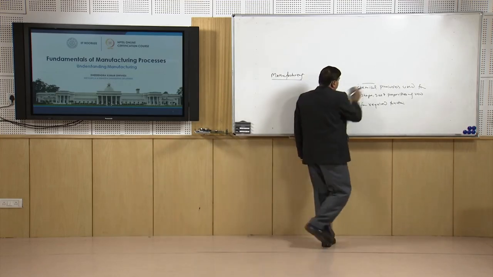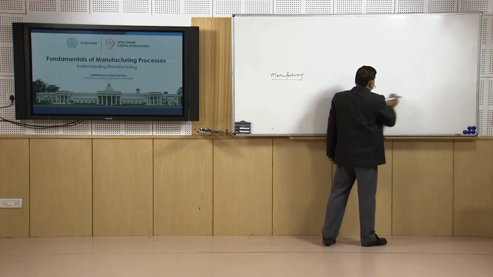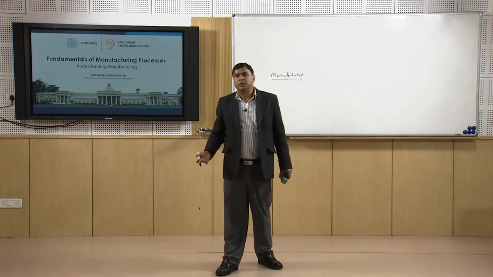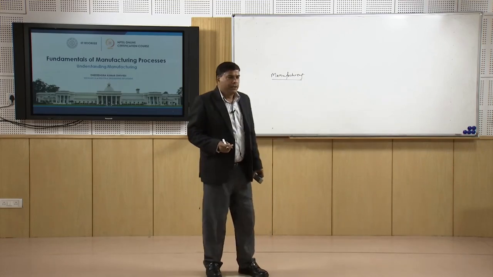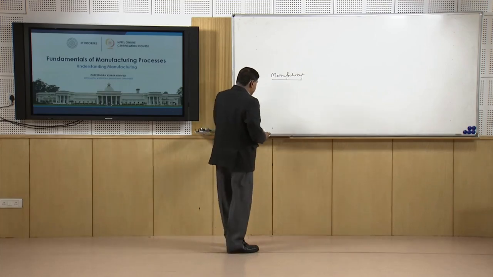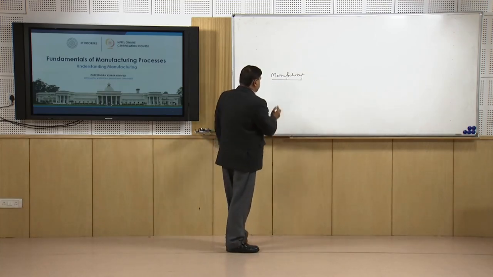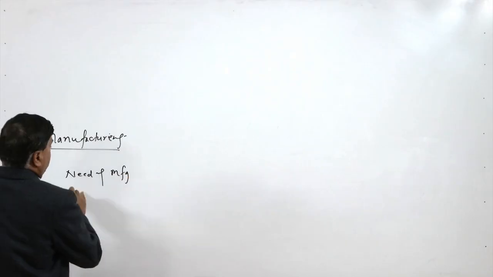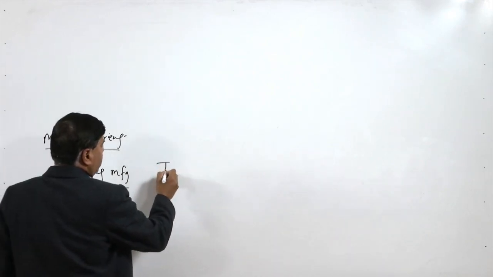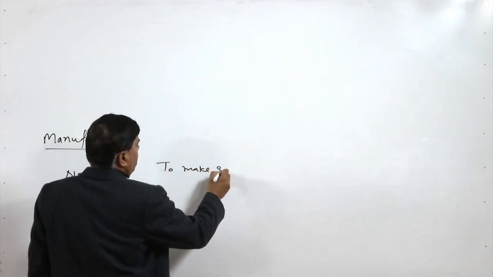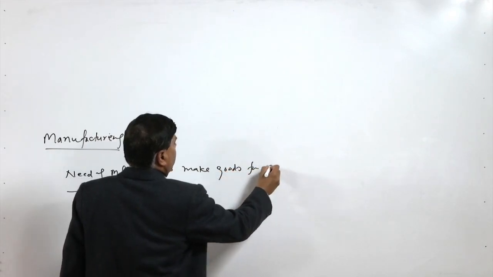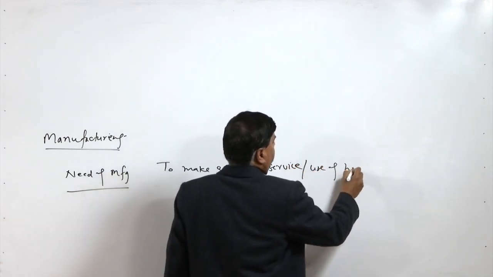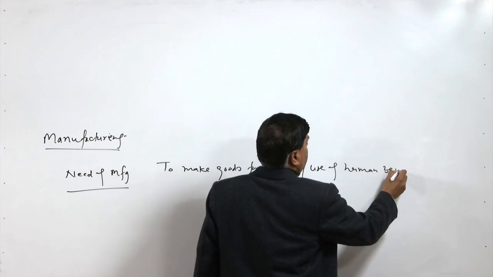So, we know that in manufacturing, the purpose is to make something which will be used by human beings. Whatever we make should serve this primary purpose. So, the need of manufacturing is what? To make goods for service or use of human beings.